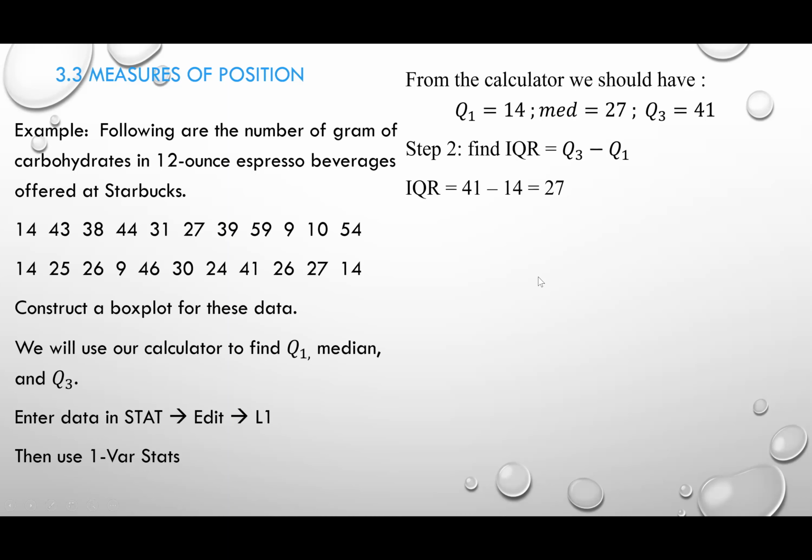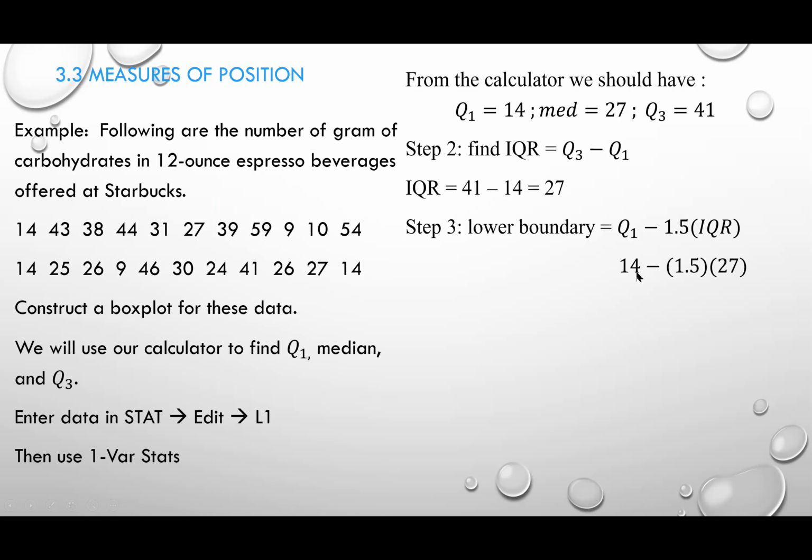Now step 3, which is the most important step, is we need to find our limits. We need to find our boundary. To find the lower boundary, we need to take Q1, which in this case is 14, minus 1.5, which is a fixed number. It's always 1.5, ladies and gentlemen, 1.5 times the IQR, which is 27.